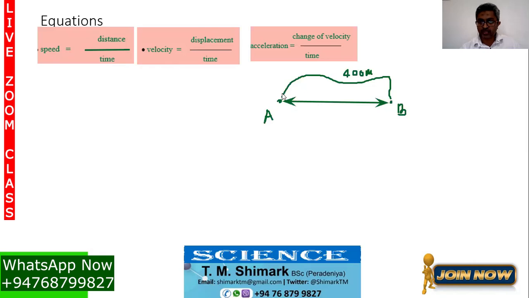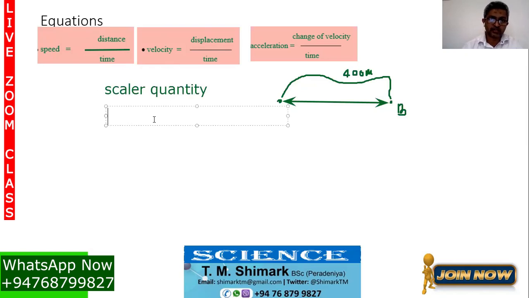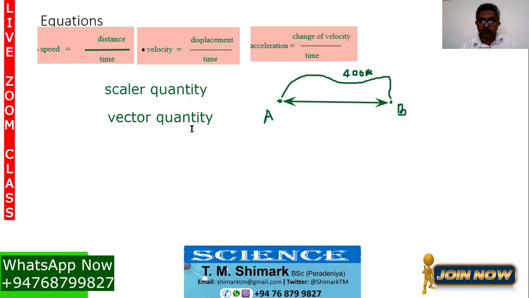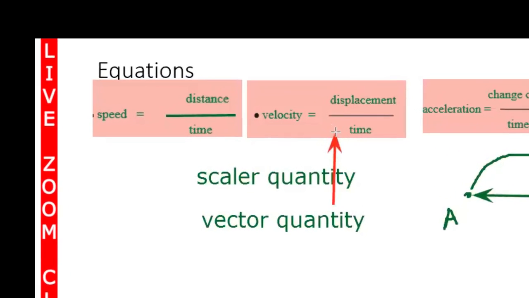Speed is not calculated with direction, so we call it a scalar quantity. But velocity we call a vector quantity, which means it is calculated with direction.